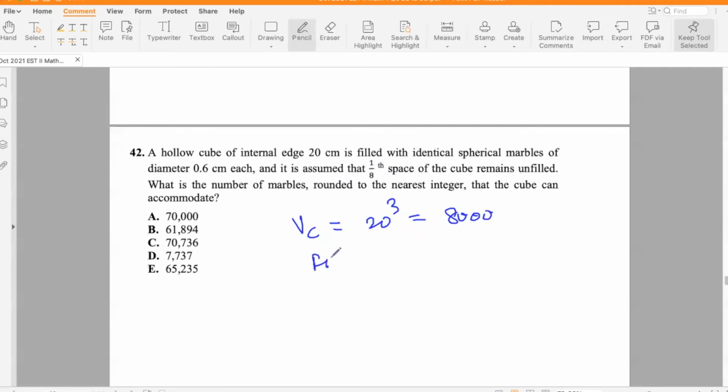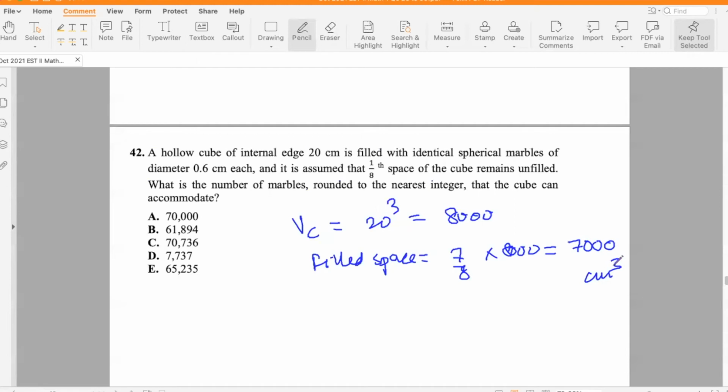So the filled space will be 7 by 8 into 8,000, right? Which will be 7,000, right? So this is the filled space, 7,000 centimeter cube.